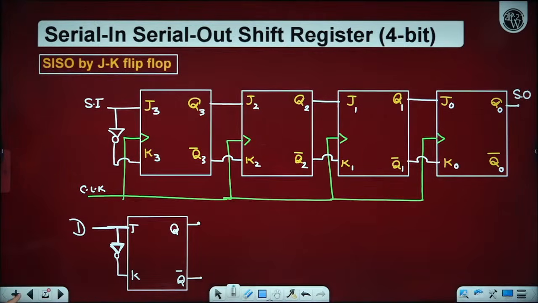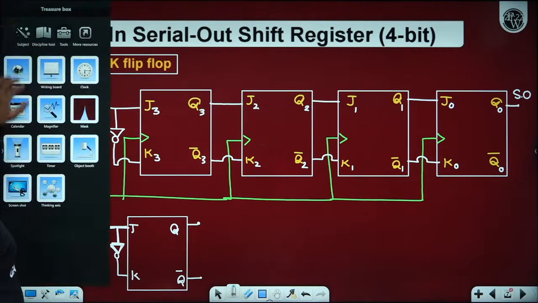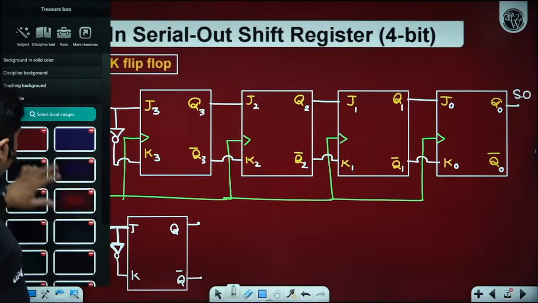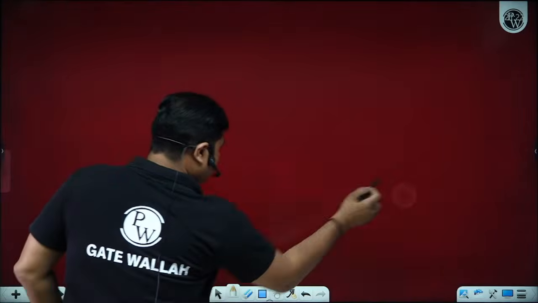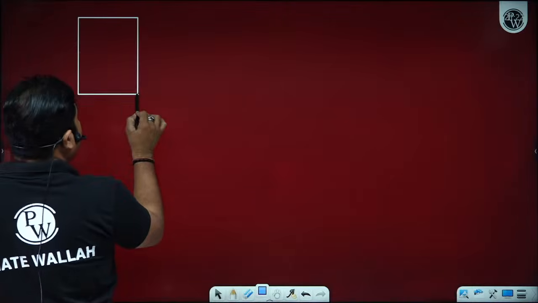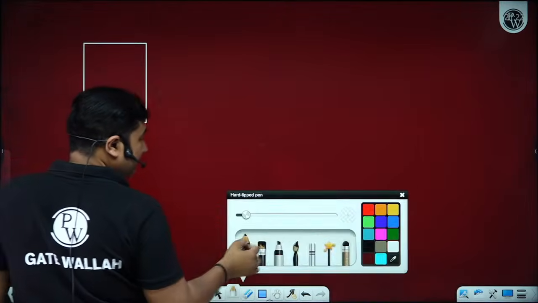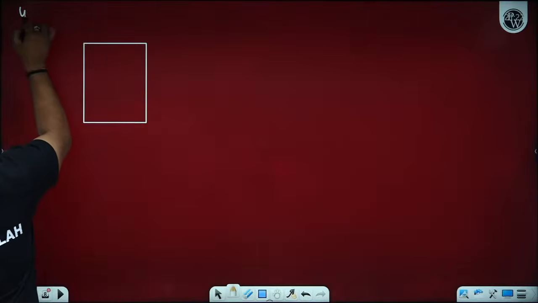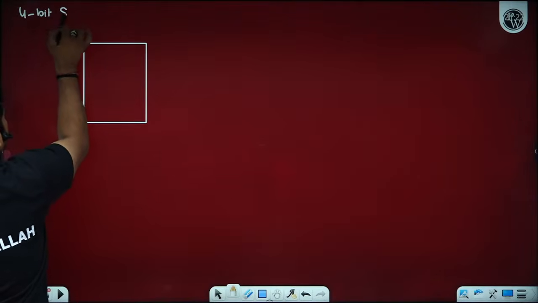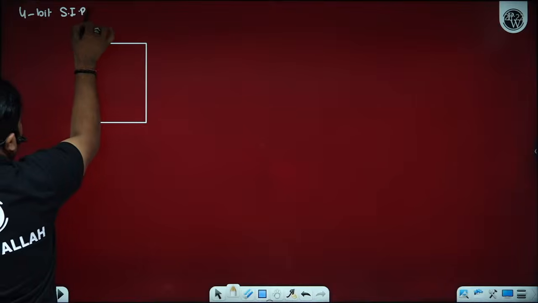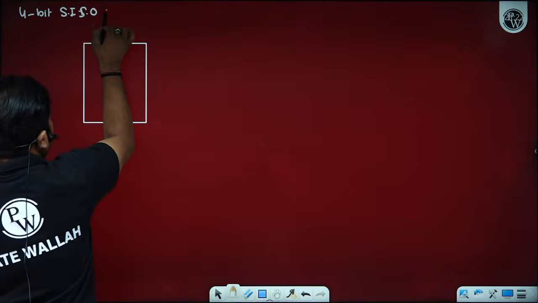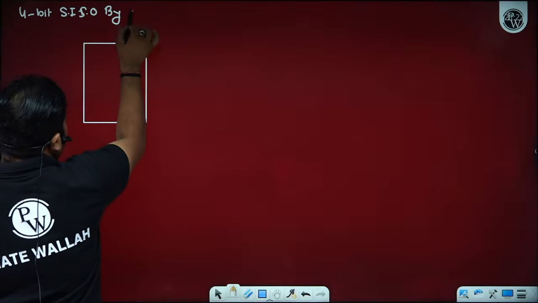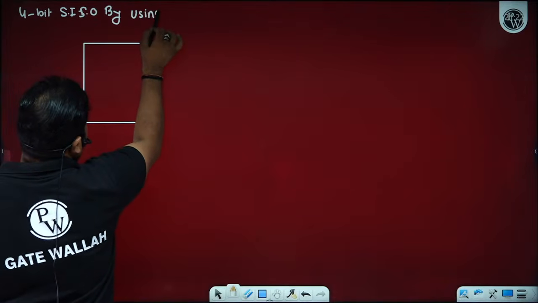Now, please observe. Sir, I am able to connect the particular concept that we may represent a 4-bit SIPO, SISO by using D flip-flops.